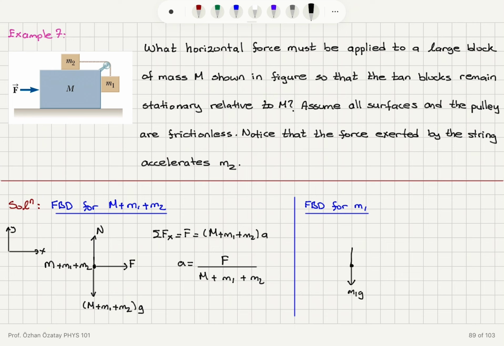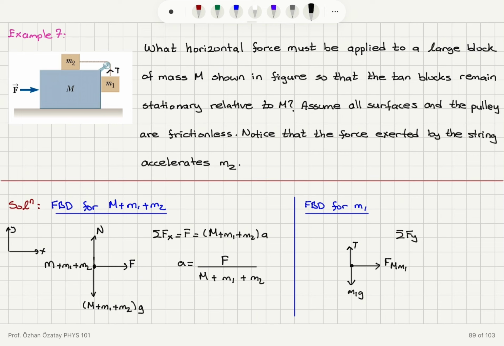There's going to be the tension on the string, tension T, that's pointing up. And there is the force exerted by capital M on M1, which is normal to the surface. So capital M exerts a force on M1, F_M,M1.